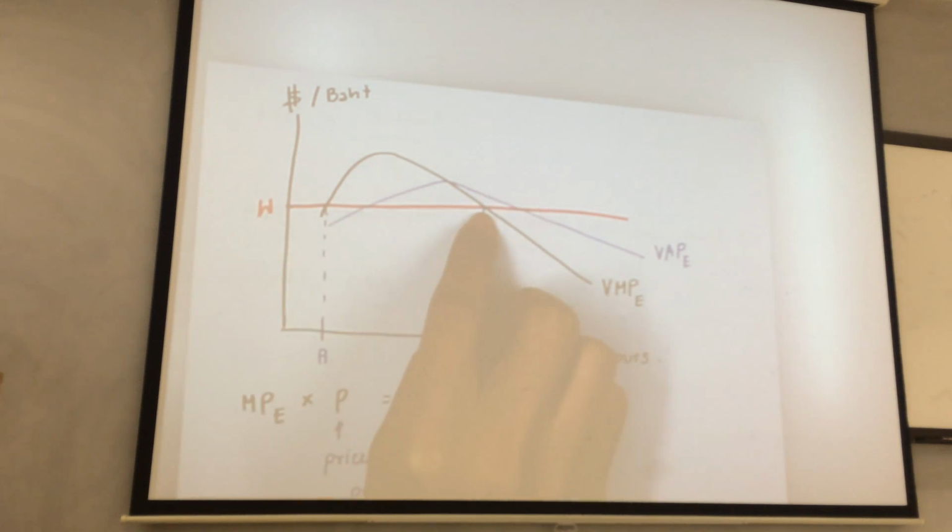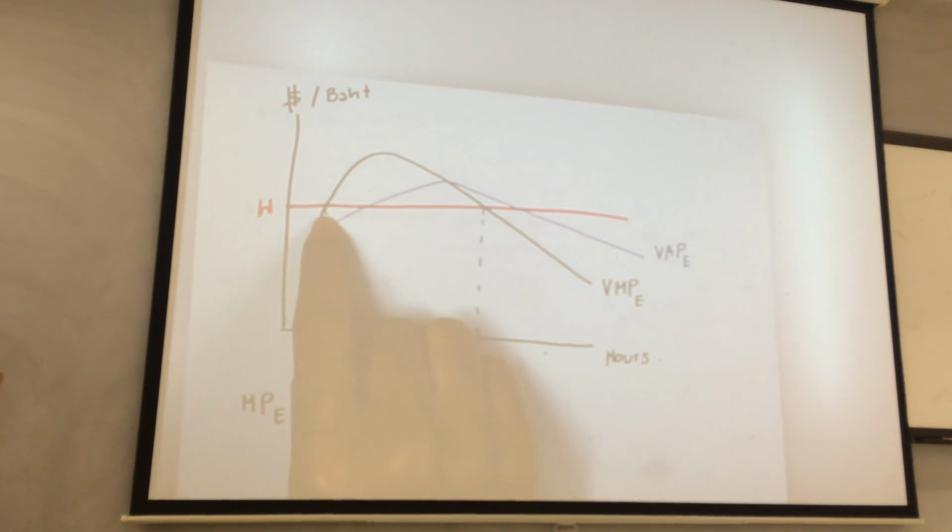Before this point, the benefit is higher than the cost of hiring one more hour. So this is when you maximize the benefit that you can receive. Because before this, benefit is higher than cost. After this, you don't want it anymore because the cost, the red line, is higher than the benefit, the black one.